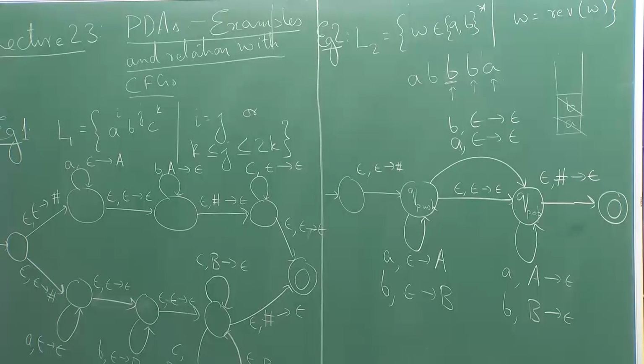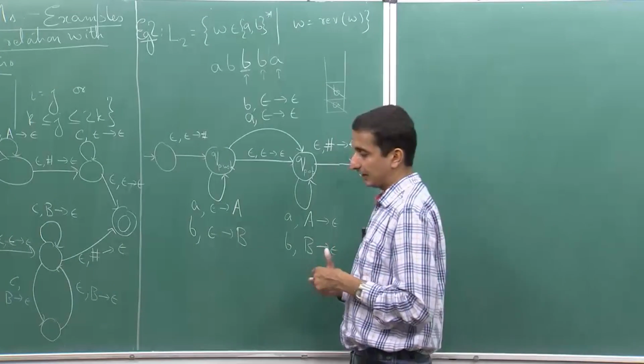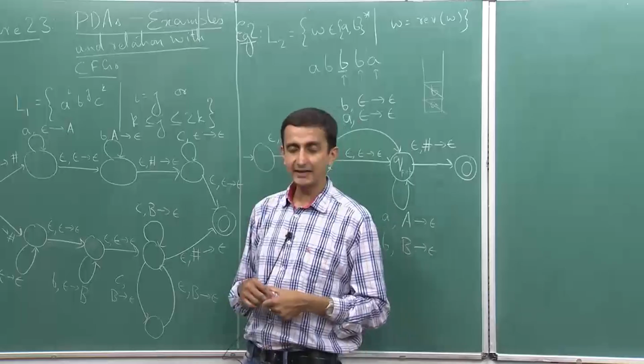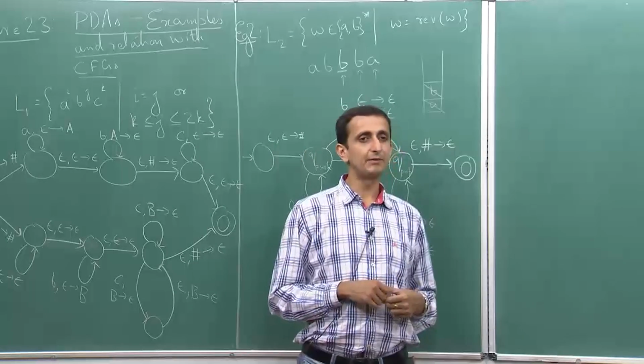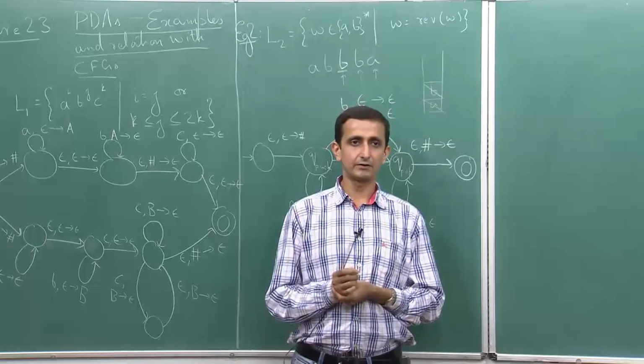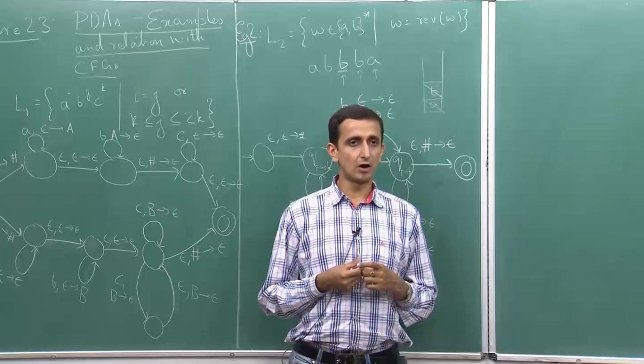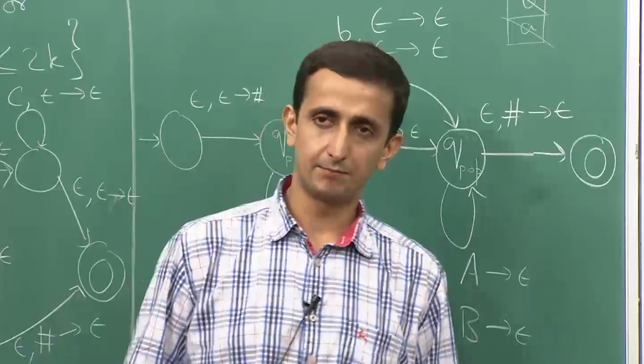Okay. So, we have this example. Now we are going to look at the other aspect of today's lecture, that is the relation between context free grammars and pushdown automata. How do these two computing objects compare in their power?